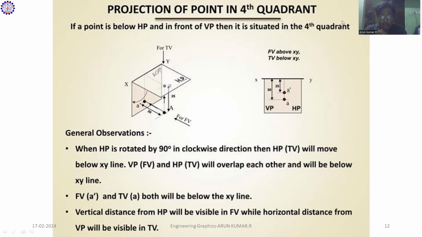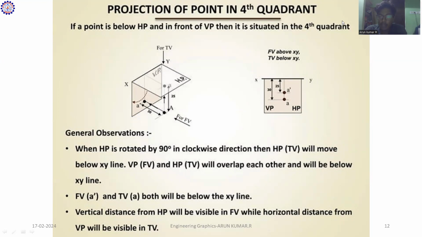From the right side orthographic view, it clearly indicates that a dash is below the XY line. Based on the dimensions, we draw a dash and a. In our problem, 25 is below HP and 30 is in front of VP. So the 25 below HP is represented as a dash: when you mark 2.5 centimeters using a scale, mark it as a dash.